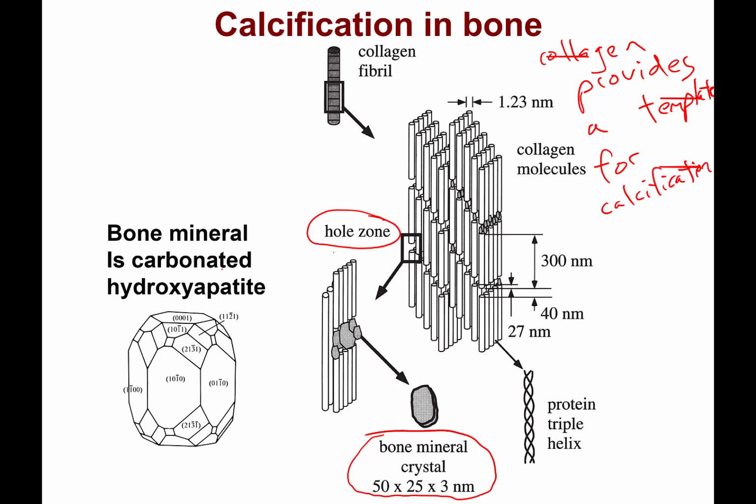So we actually have carbonate substitutions for the phosphates, and in some cases also the hydroxide anions, but that's not as important here. So it's hydroxyapatite, and collagen provides a template for the calcification. These hole zones serve to nucleate that calcium phosphate crystal formation.